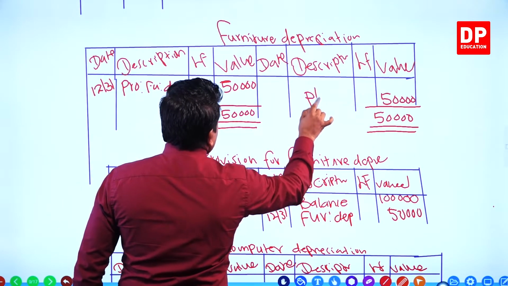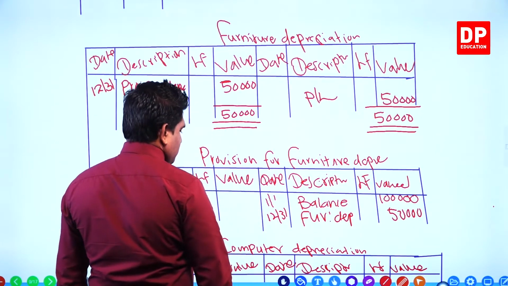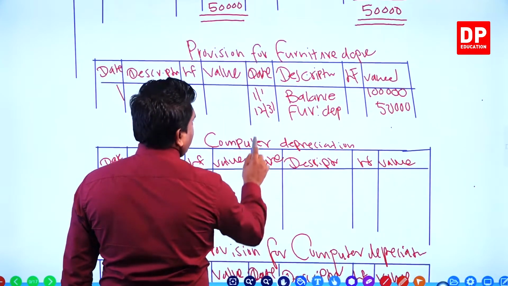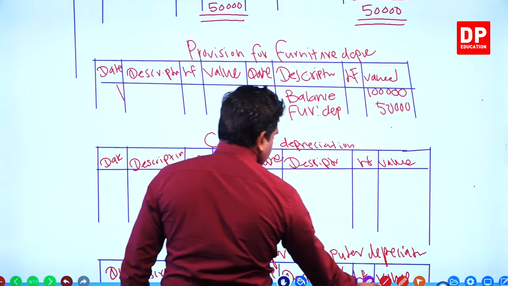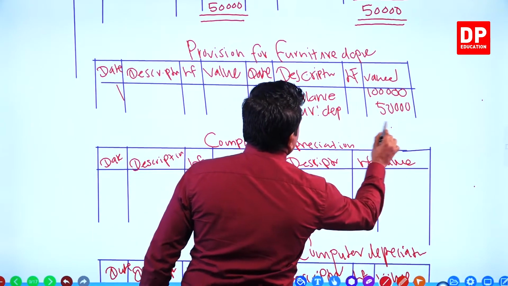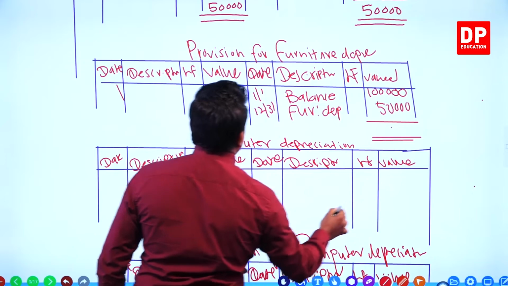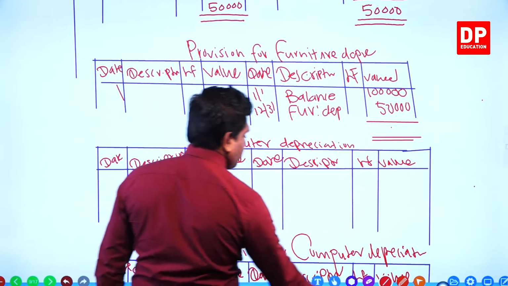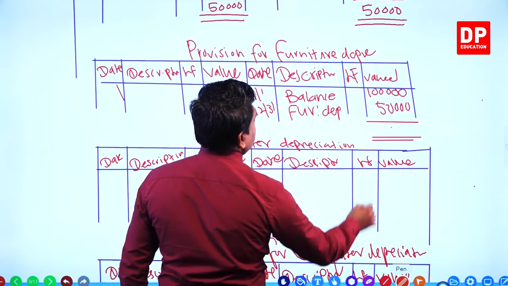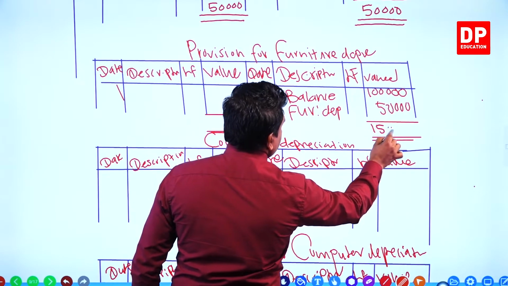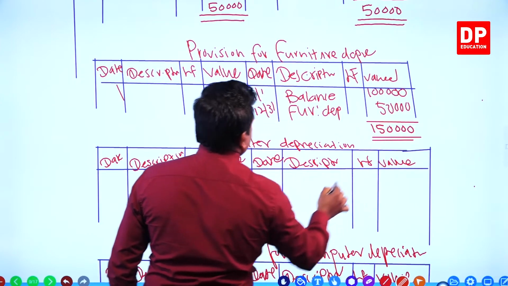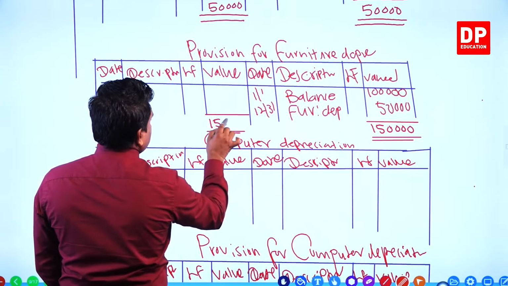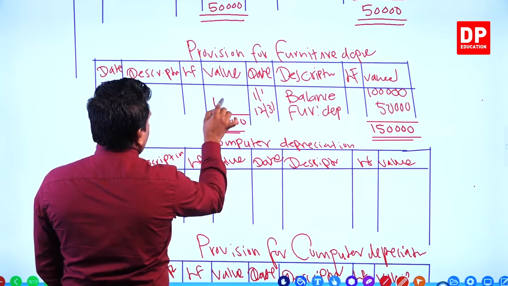Profit and loss statement, right? This balance, where do we bring it? We bring it to the accumulated depreciation column in the statement of financial position. 150,000.